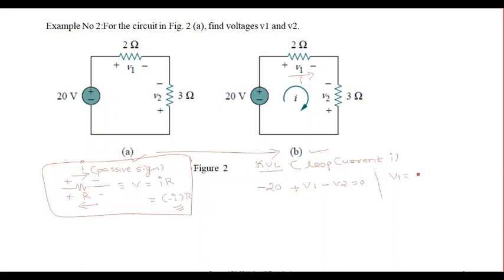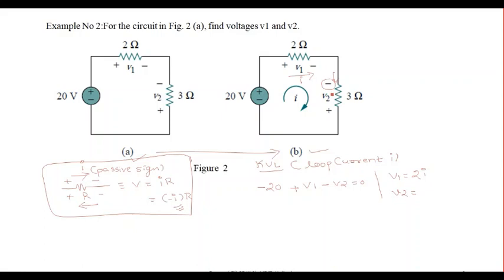So V1 I can write as 2 times I, and similarly V2 I can write as what now? The same current will flow, but it is approaching the negative terminal.